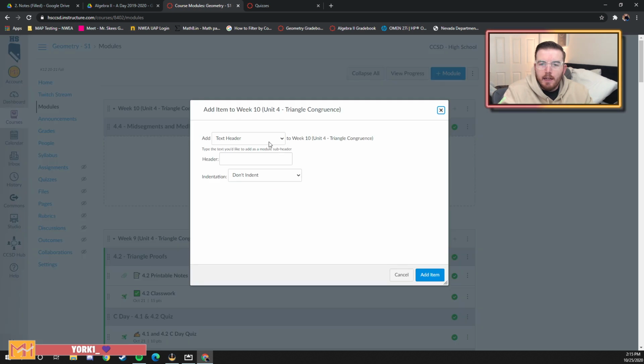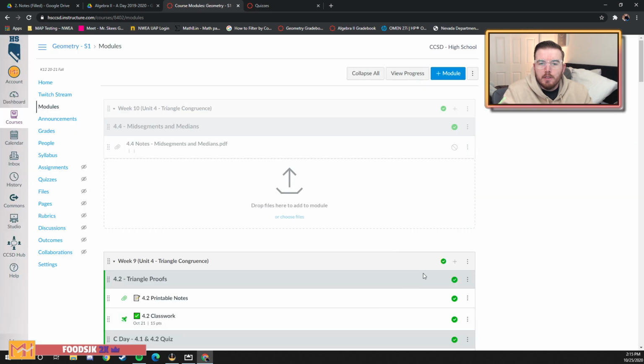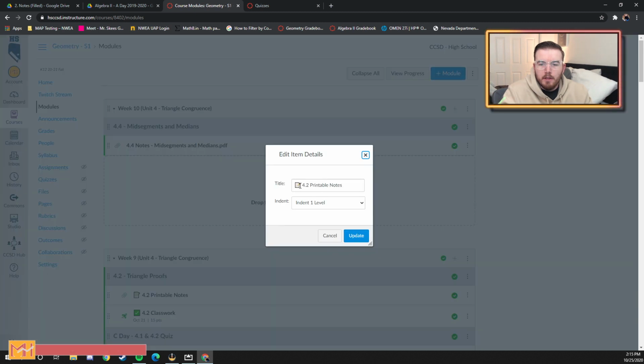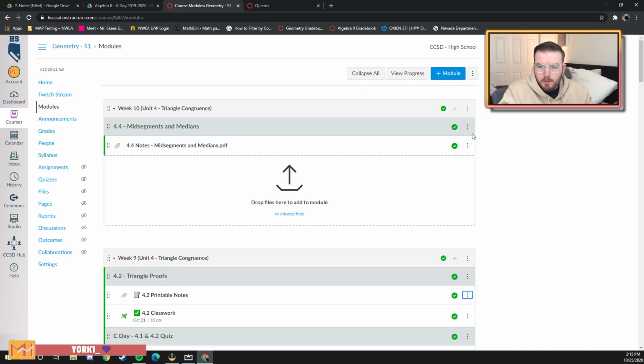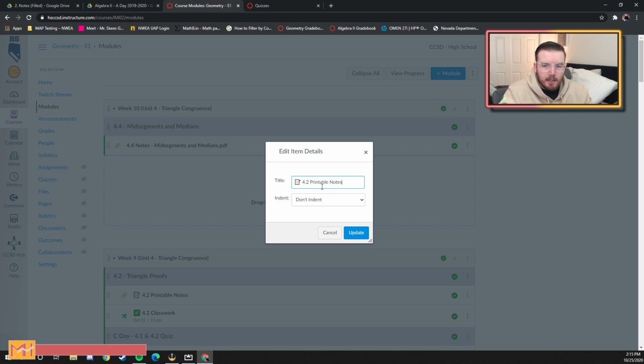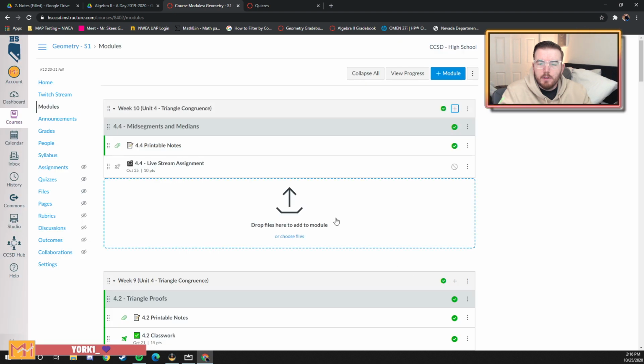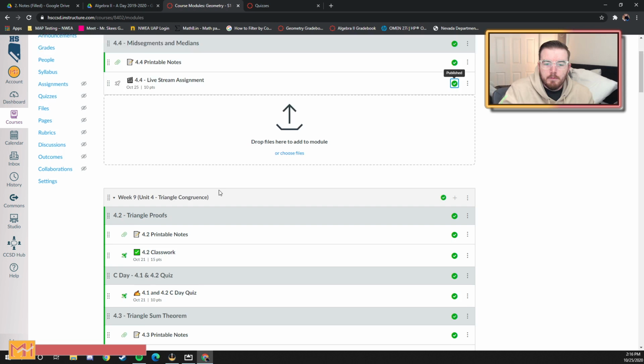And then I need to add the printable notes, and then add the assignment. Perfect. Okay, so both of those are posted there now.